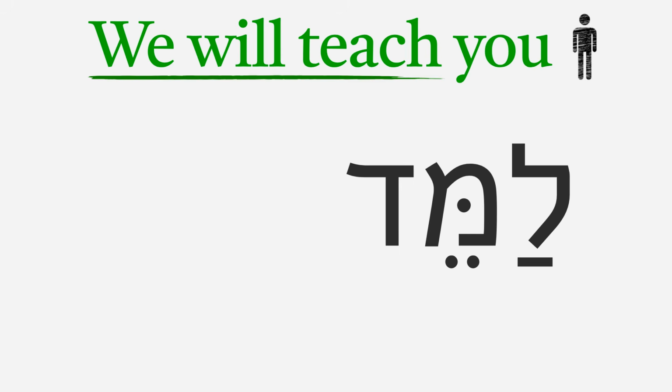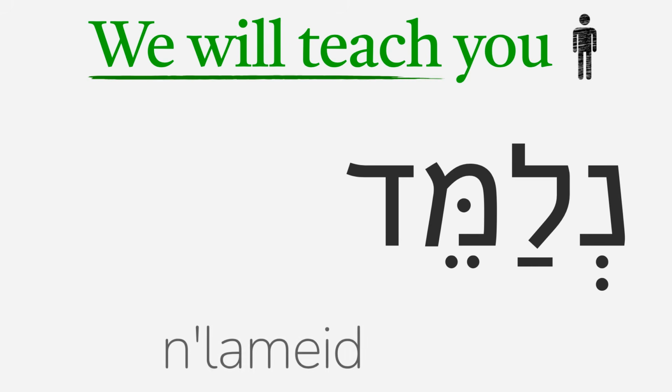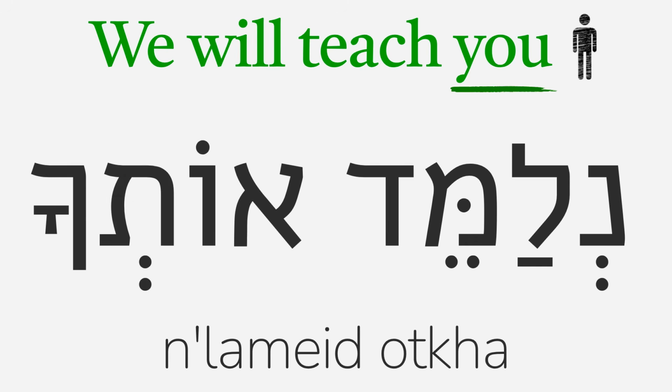The prefix we put on these letters to make the we form of the future tense is a nun. In the piel, this nun will have a shva, which makes nalamed, we will teach. You, masculine singular, as the definite direct object of the verb, is otcha. Nalamed otcha, we will teach you.